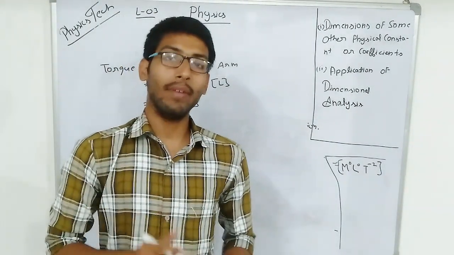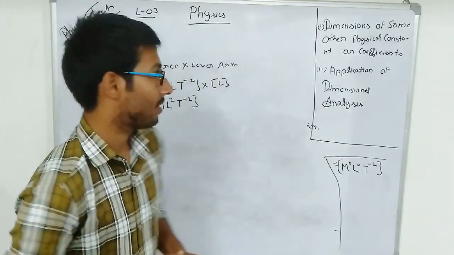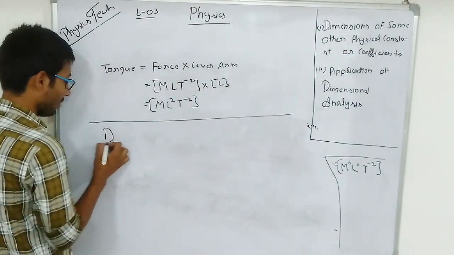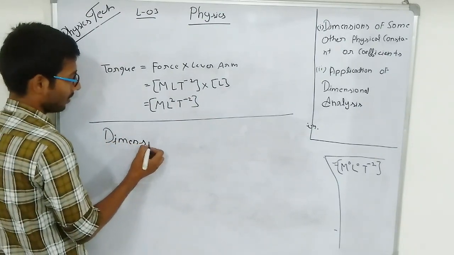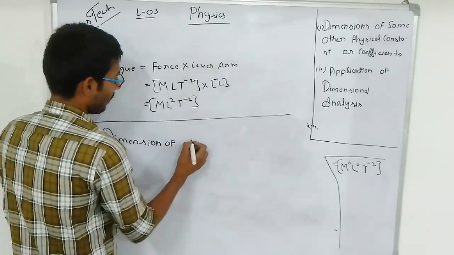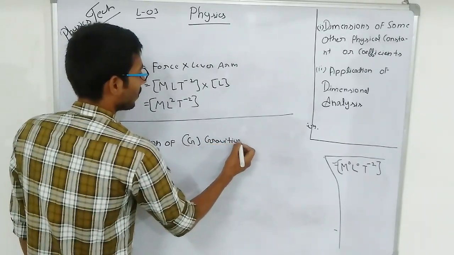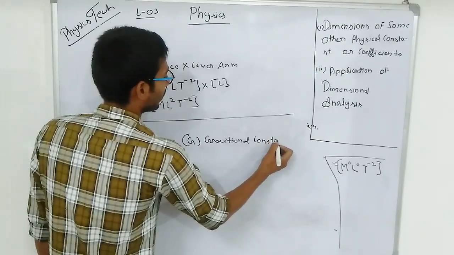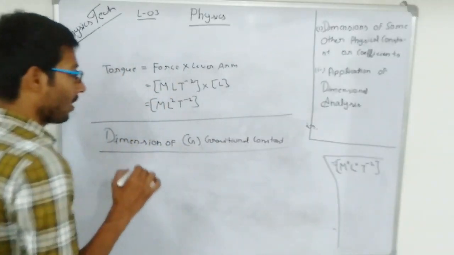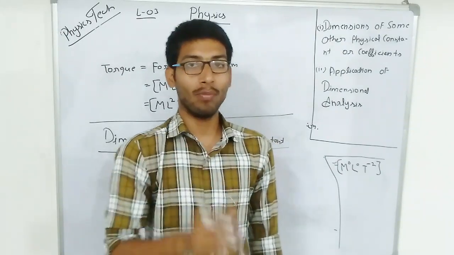Now we will find the dimension of capital G, means gravitational constant.